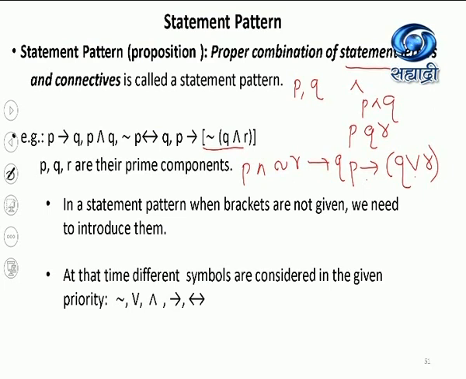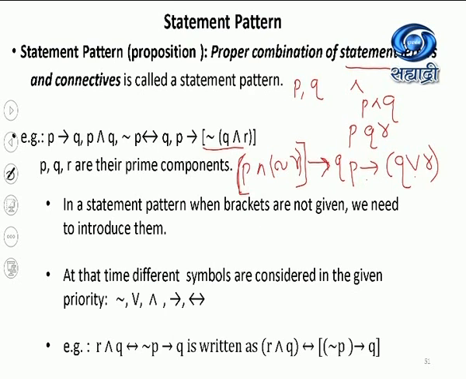So if I have to put the bracket for this statement pattern, I can put it like this. Even for negation R, it will be the square bracket and then implies Q. For example, R and Q, double implication negation P implies Q, can be written as R and Q biconditional, inside the square bracket, negation P implies negation Q.